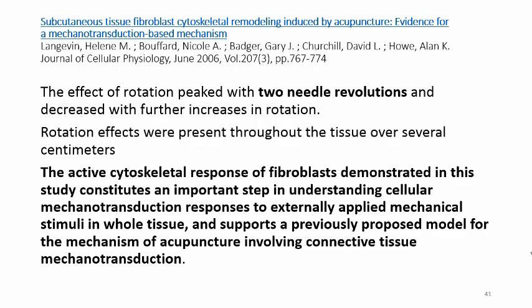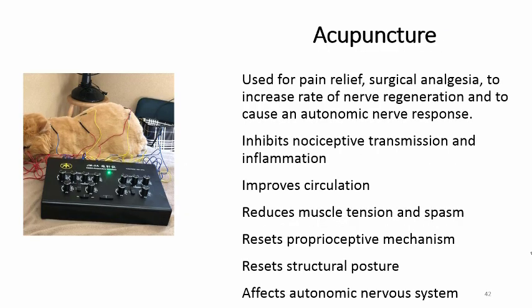And the part that I put in black is something to really put into your mind and think about, that the active cytoskeletal response of the fibroblast that was demonstrated in this study is an important step to understand cellular mechanotransduction responses. So the fact that our needle is going into one spot, but it's causing mechanical stimulation through the whole tissue. And that supports our previously proposed model for the mechanism of acupuncture involving connective tissue.